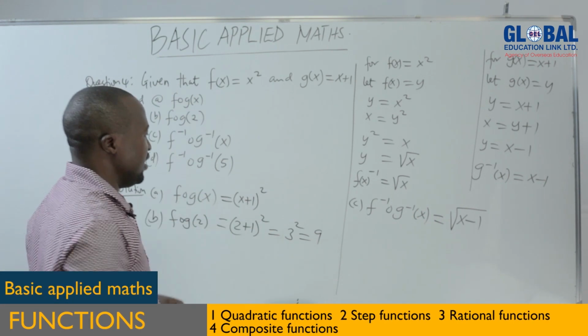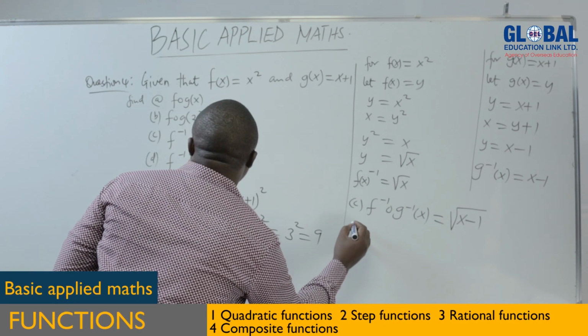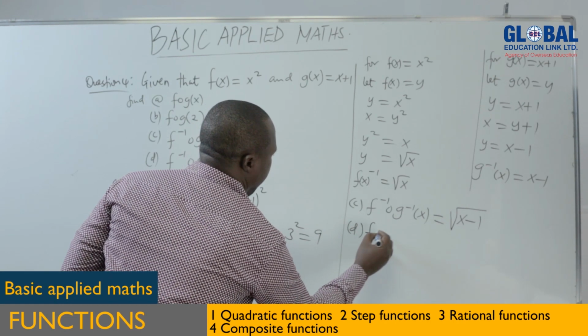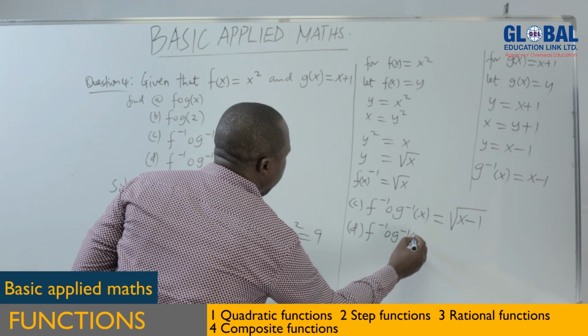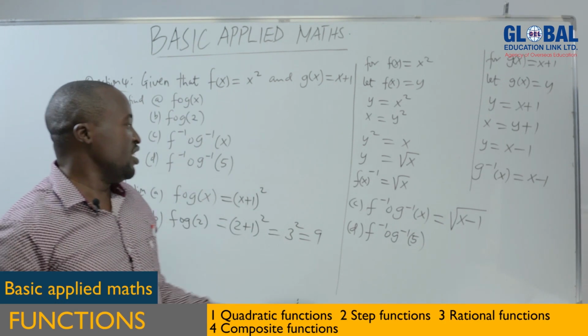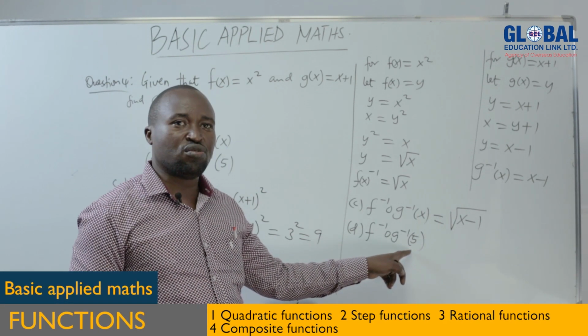Now D says f inverse of g inverse of 5. That means we substitute x is equal to 5.